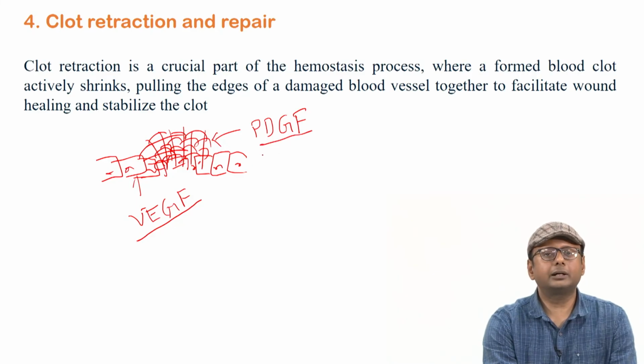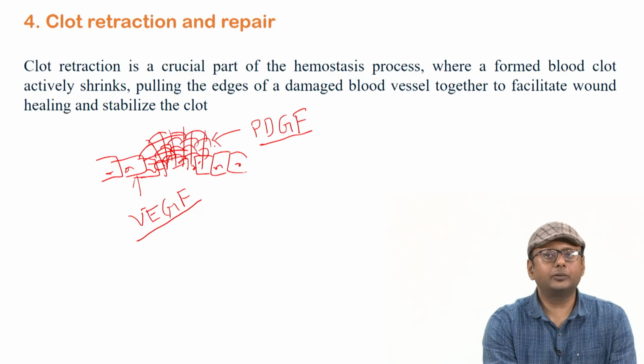So by the name you can understand that these growth factors can stimulate the proliferation of all these adjacent cells. So here VEGF can stimulate the proliferation of endothelial cells, PDGF can stimulate the proliferation of smooth muscle cells, the collagen layer and endothelial cells.